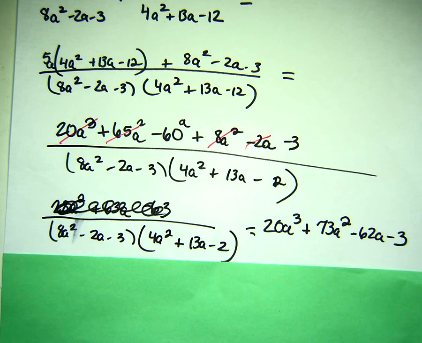I combined my 60a minus my 2a, so that's 58a, crossed it out, and then I was left with the 3, brought it down. All of that is still over 8a squared minus 2a minus 3 plus 13a minus 2. So all of that is still over that. So this part is your numerator. This part is your denominator.